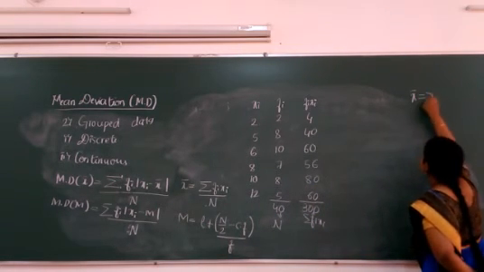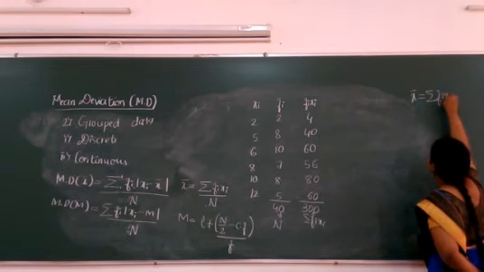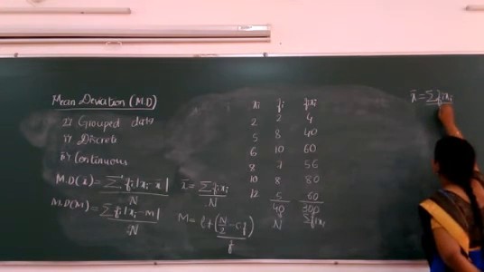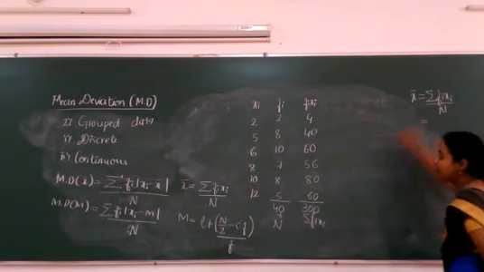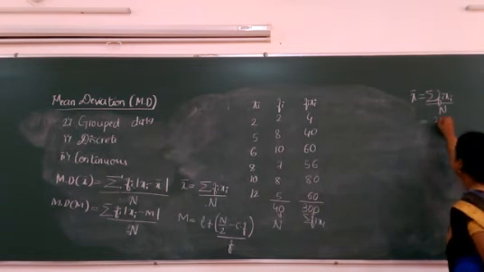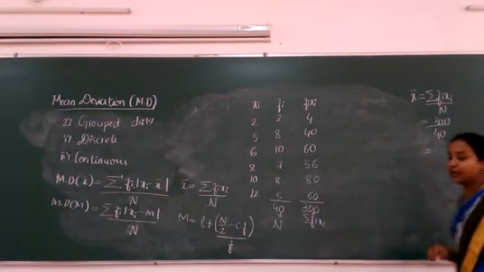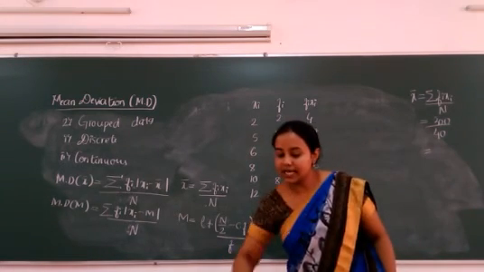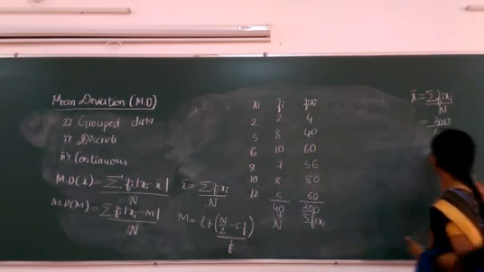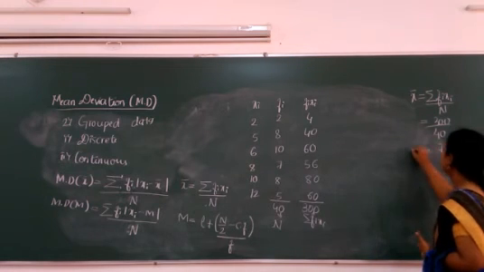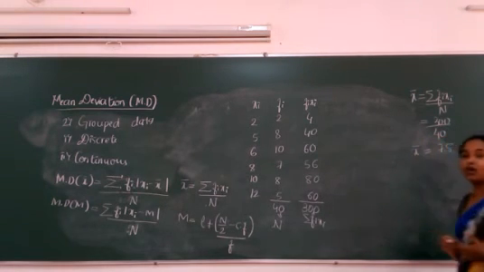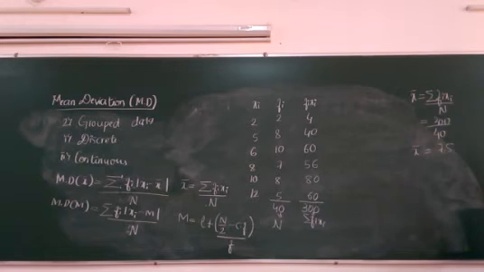It is given by summation of fi into xi whole divided by N. So it is 300 divided by 40, and you will get the answer as 7.5. So 7.5 is the mean of all the given observations.